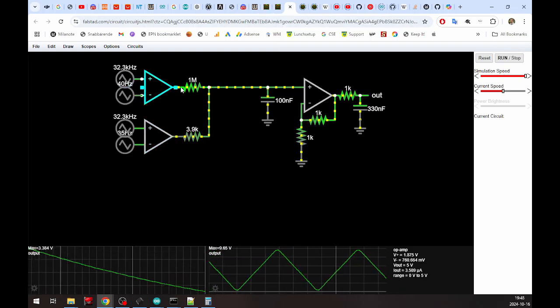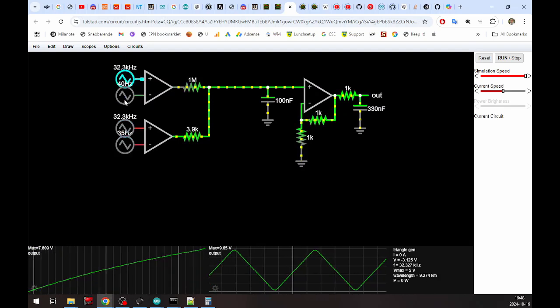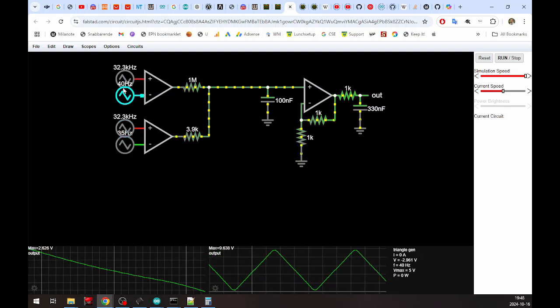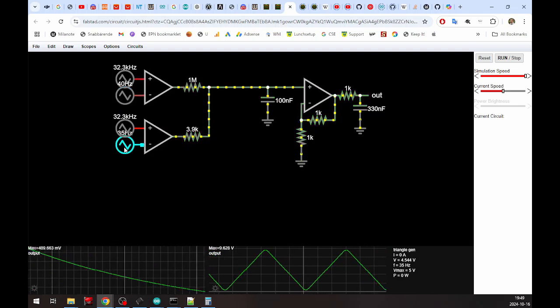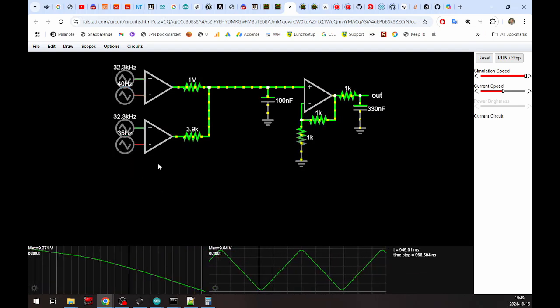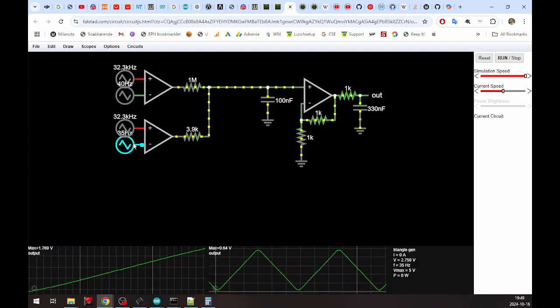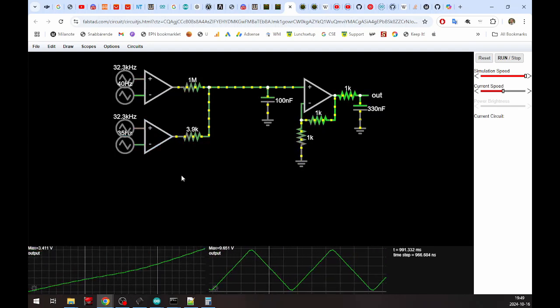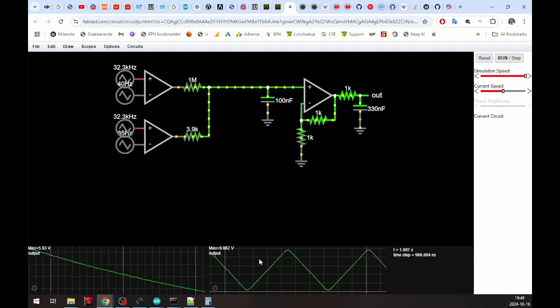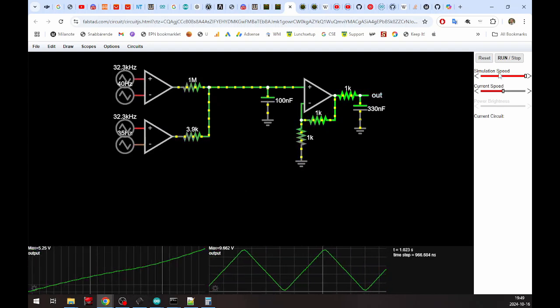Here we have the Dual PWM now, and they are a bit different. This one is at 40 Hertz, this one is at 35, just to have an ever-changing curve all the time here. And now we see it is much better.